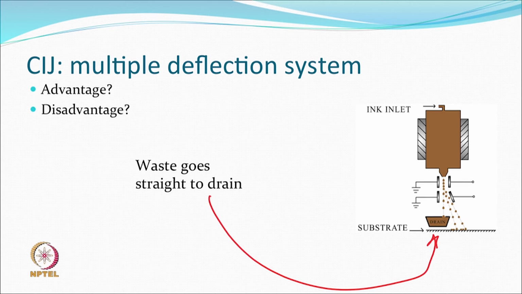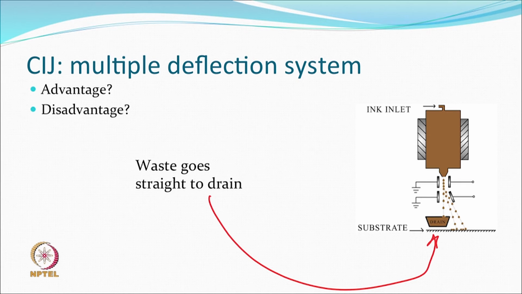So, the other thing on the continuous inkjet system is a multiple deflection system. I say, well, when you already have charged the material, the reverse can also be done, that is, the drain is going straight and multiple deflections can take drops to different points at the same time. One goes there, the second one has been deflected somewhere else. So, multiple means more frequency, more drops getting generated.